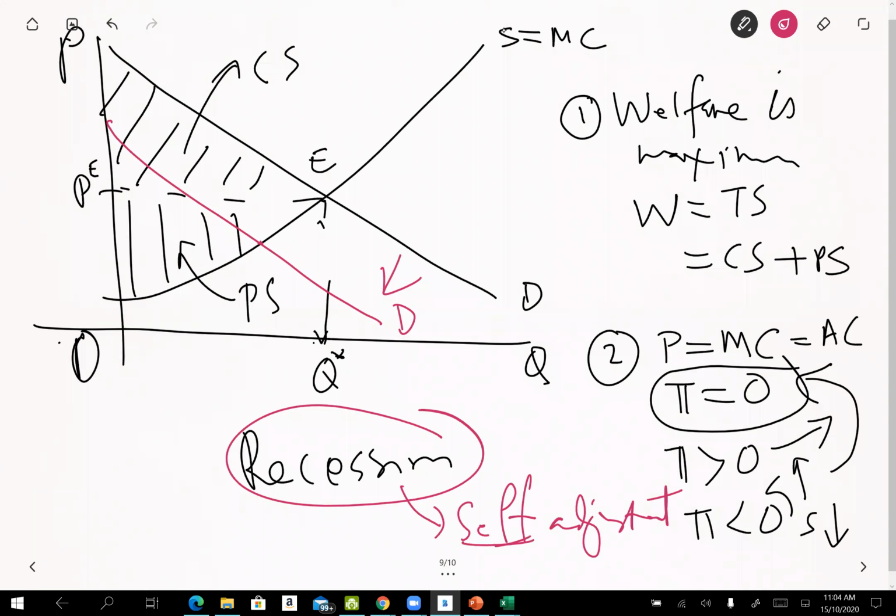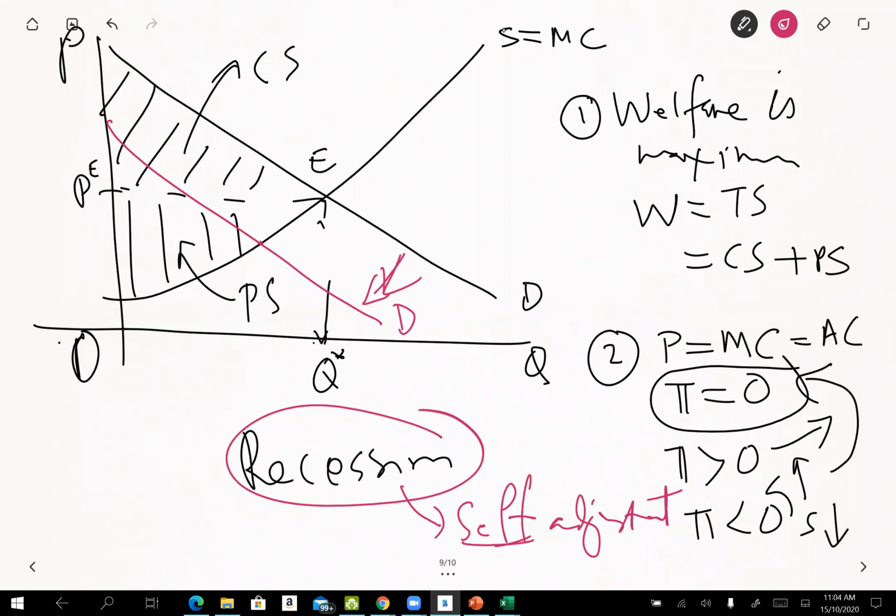What is the self-adjustment here? Suppose you have a reduction in income, demand will go down. How does the market adjust? Here, the firms are suffering losses. So the market will reduce supply. The supply will go down, and therefore you will have another equilibrium, and that will make the adjustment.